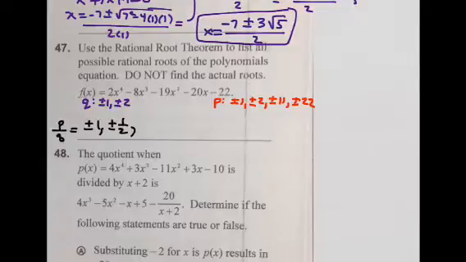Then you go on to 2: plus or minus 2 over 1, which is 2, and 2 over 2 is 1, and it's already there, so you don't have to write it. Plus or minus 11 over 1, and then plus or minus 11 over 2. Then you move on to the 22: plus or minus 22 over 1, and 22 over 2 is 11, and it's already there. So that's the list right there.